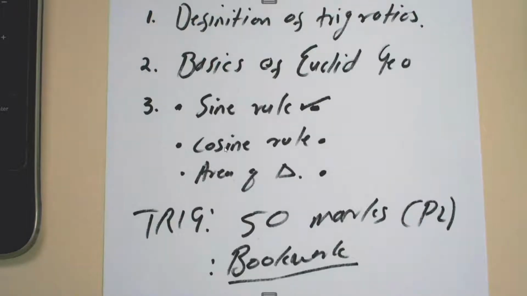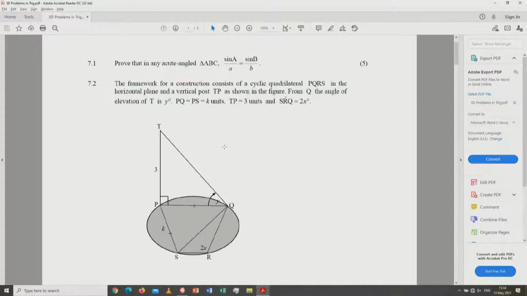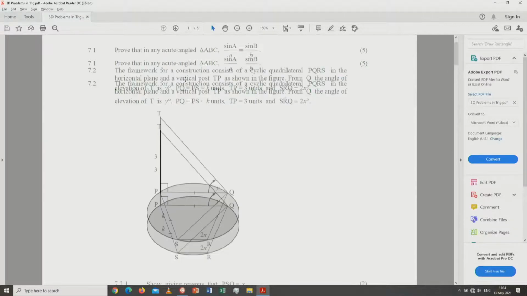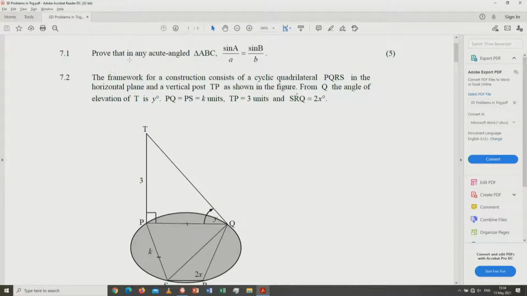Let me show you an example of a question where the examiner asked learners to prove one of the three rules. Check the very first, 7.1. Let me make it bigger. 7.1: Prove that in any acute-angled triangle ABC, sine A over a is equal to sine B over b. 5 marks.